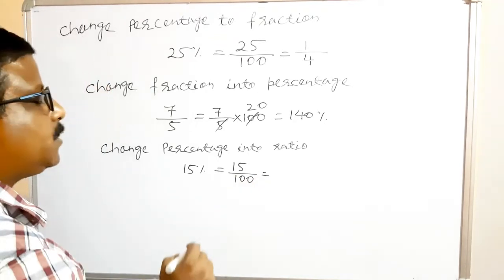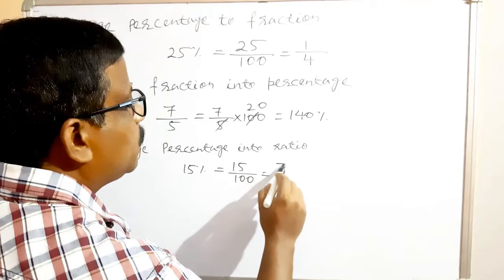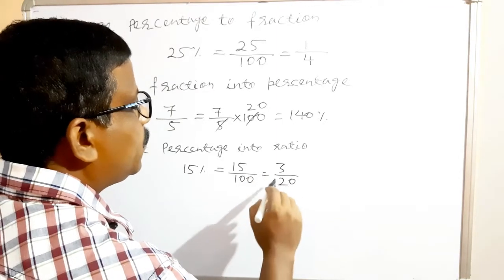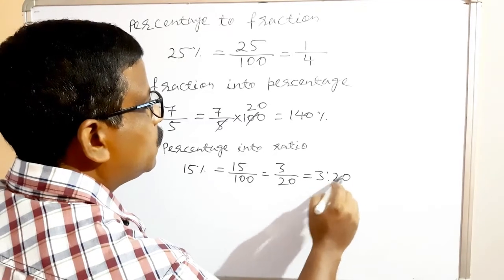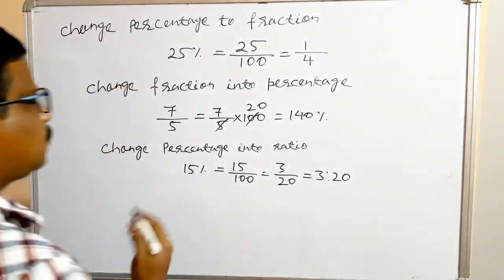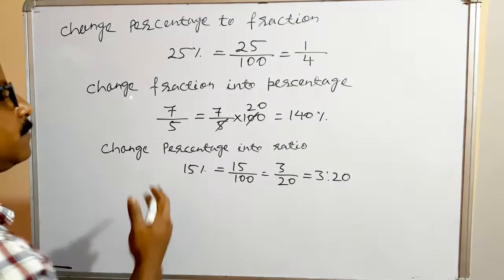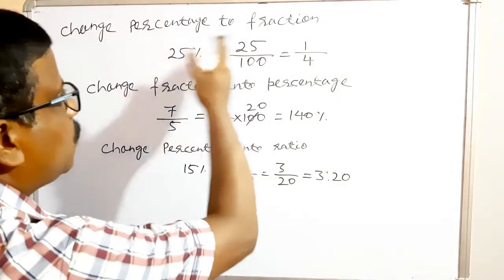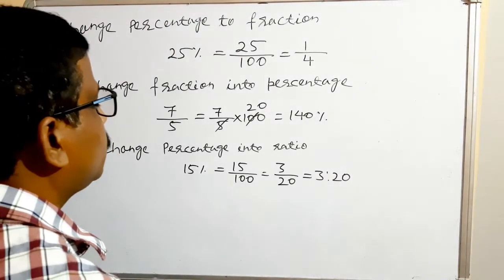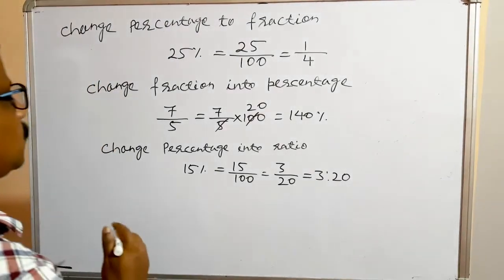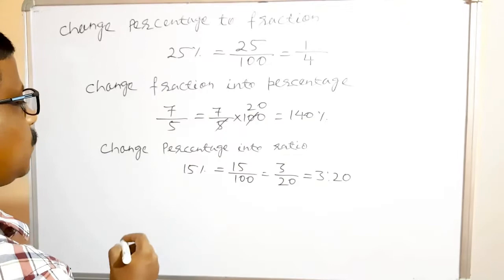In which number is it divisible? By 5. So it will be 3 by 20. In ratio form, what will we write? 3 is to 20. Understood? To convert percentage into ratio, first we change percentage into fraction, then we write it in ratio form.